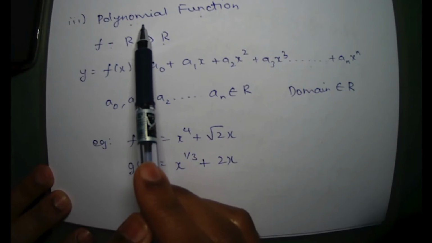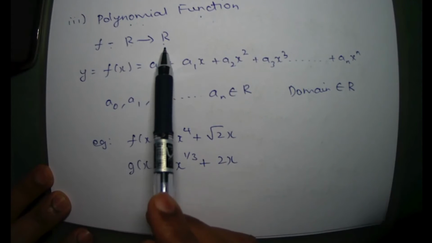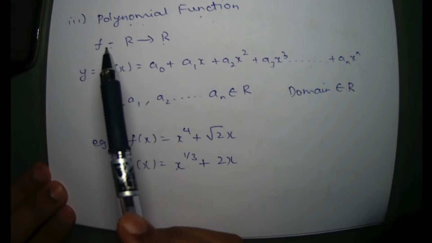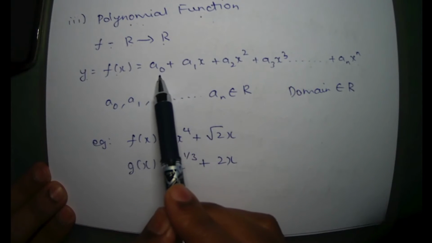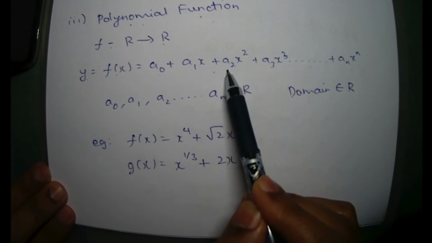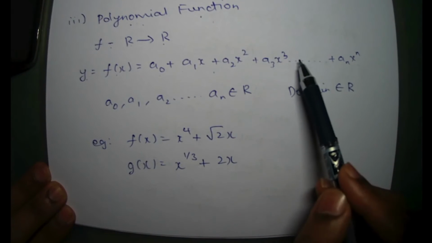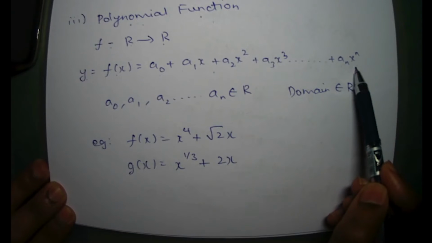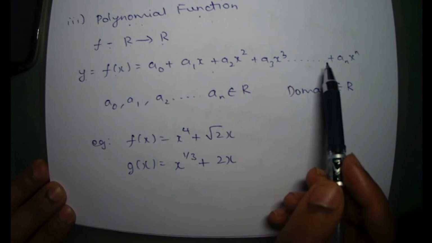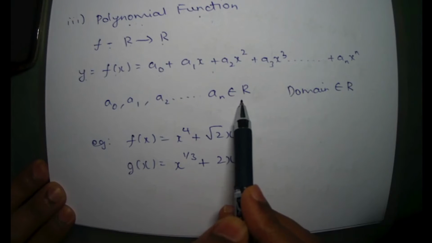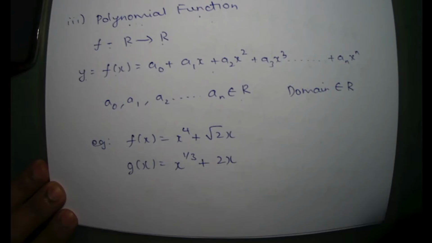The next standard function is a polynomial function, which is defined again for real numbers. The function is represented as y is equal to f of x, where f of x is equal to a naught plus a1x plus a2x square plus a3x cube, and so on till an x power n. Here a naught, a1, a2, a3 are all constant values which are real numbers. This can be 1, 2, root 2, root 3, 5 or any fraction.